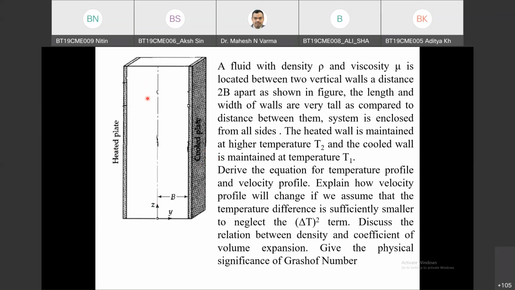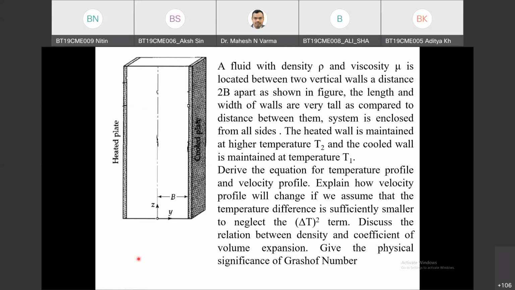That flow will be very slow because these boundaries are closed, so velocity will not have much effect on temperature. That is why first we go for heat transfer and then momentum transfer, to get the temperature profile and velocity profile.